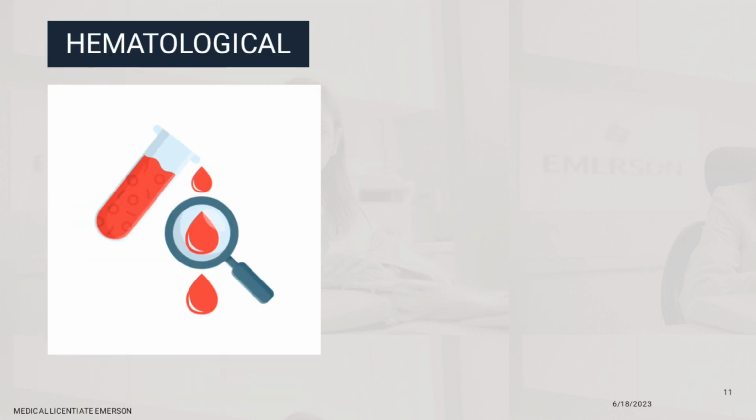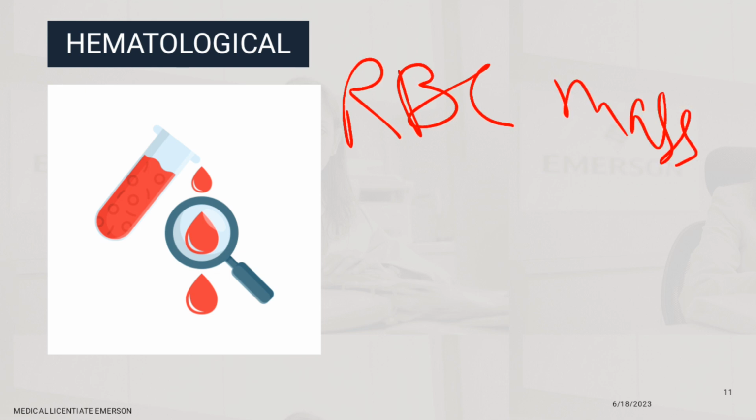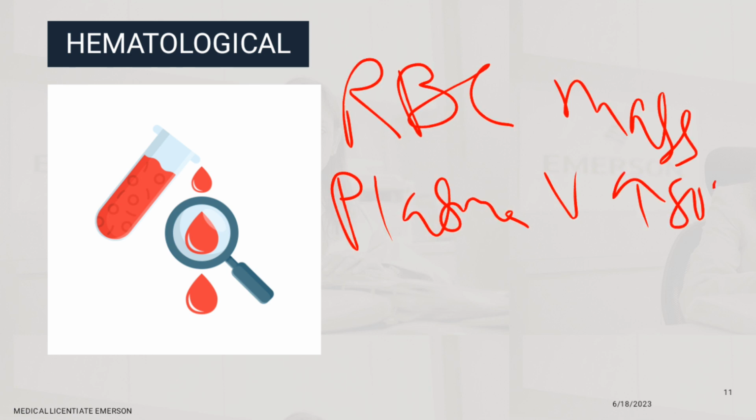Okay. Then hematological changes. One of the hematological changes is that the RBC mass increases by 30%. Then the plasma volume, like we talked about, has increased by 50%.